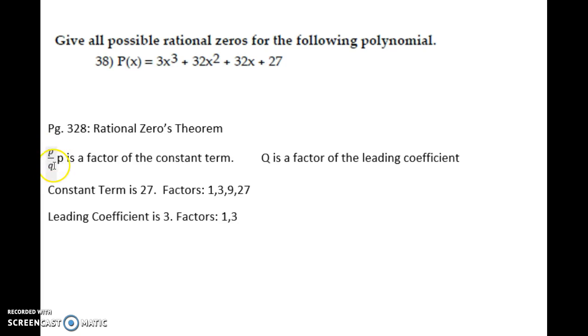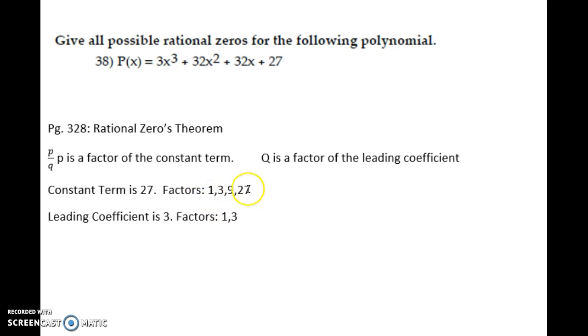Then to create your list of all possibilities, make all the combinations you possibly can with one of these numbers on top and one of these numbers on bottom. And you don't need to repeat solutions. For example, 3 over 1 gives you 3, but 9 over 3 also gives you 3. So you're just going to write 3 in the list one time.